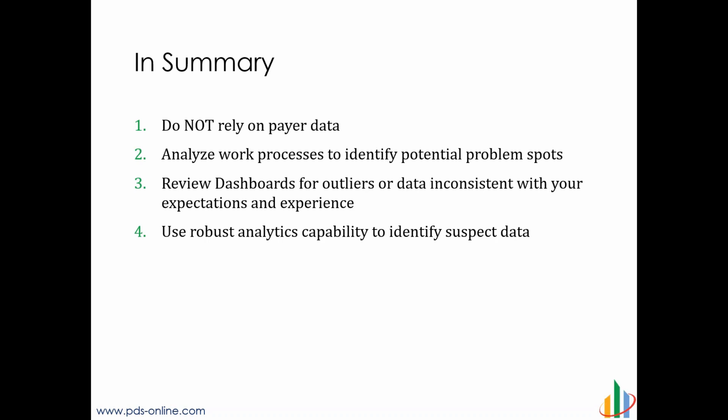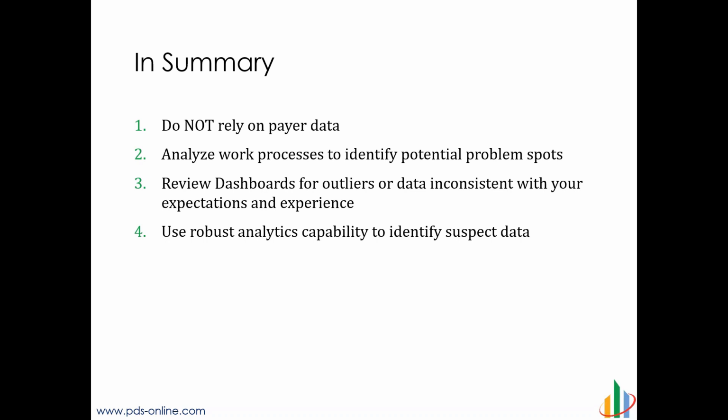So if we summarize, one of the things that we said in the beginning was that we can't rely on payer data to find this because there are lots of denials that are hidden and we have to go looking for them. We want to analyze our work processes to help us identify potential problem spots. And then we're going to review our dashboards for outliers or data that's inconsistent with expectations or our experience.